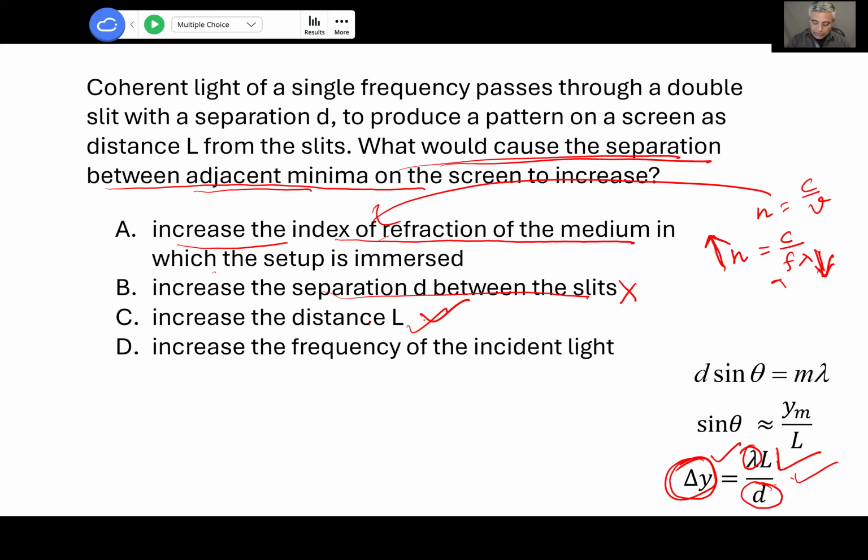Okay. So looks like C is the answer. So yeah, C is obvious to see here. So that's how you use that formula, okay?